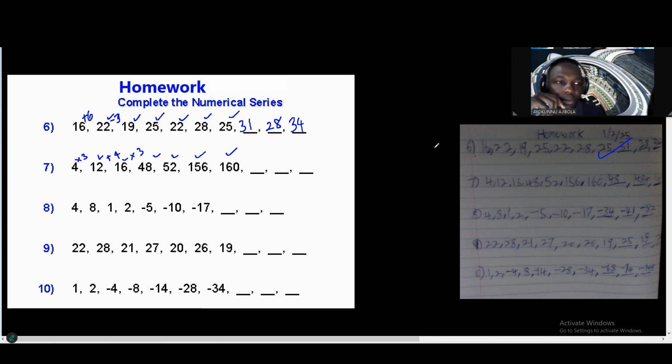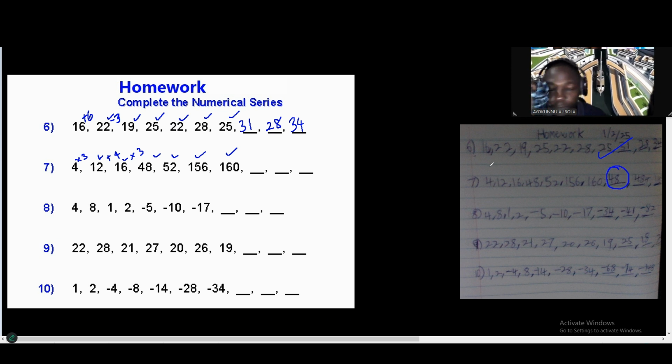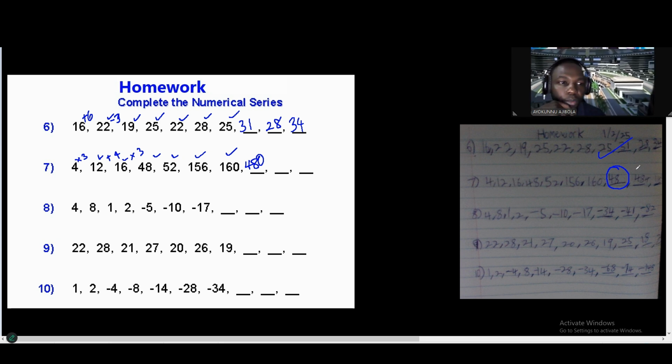Then this times 3 should give, what did you write here? 48, instead of what? 480. You're supposed to write 480. So the next one is 484.